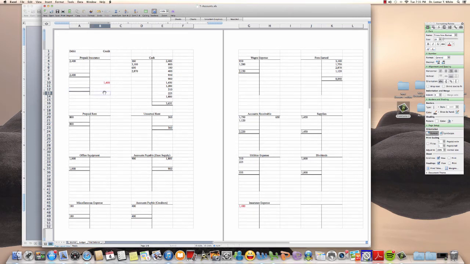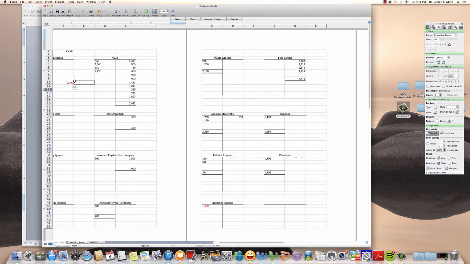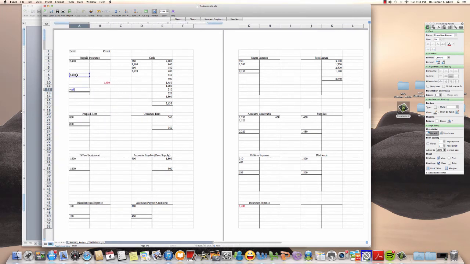So I expect this account to have a debit balance, okay? I know that it started out with $2,400 in the prepaid insurance account. And I used up $1,400 for 7 months worth of insurance. Now I'm left with a balance in this account of $1,000.